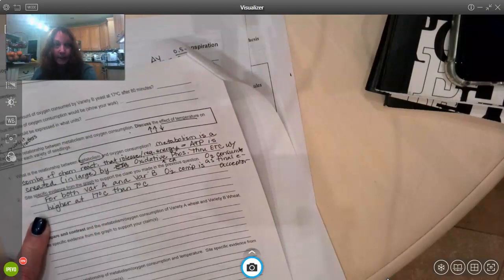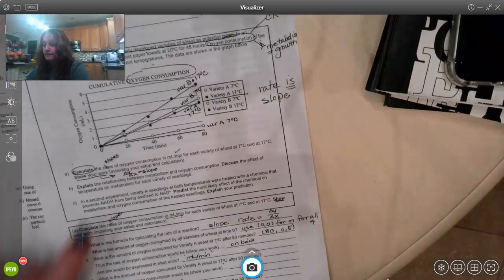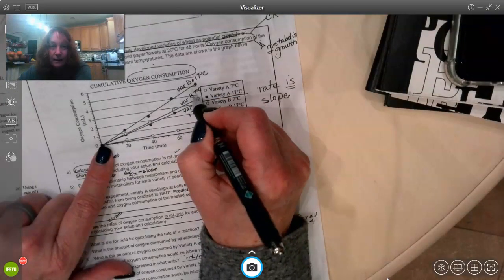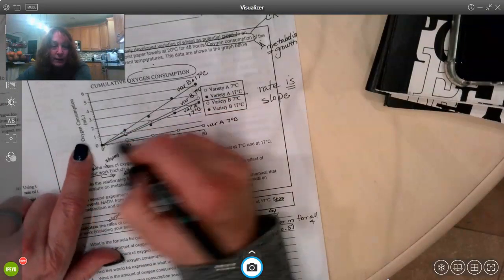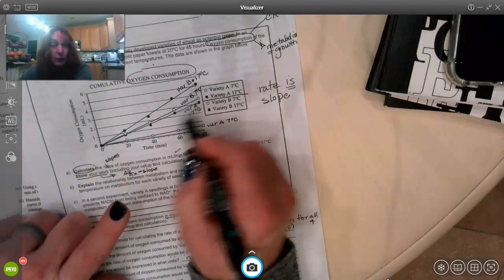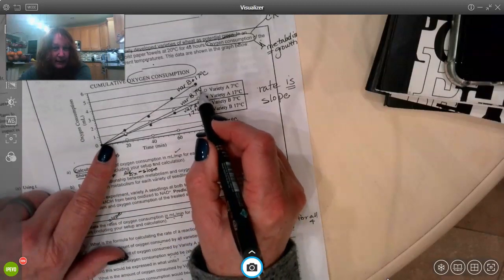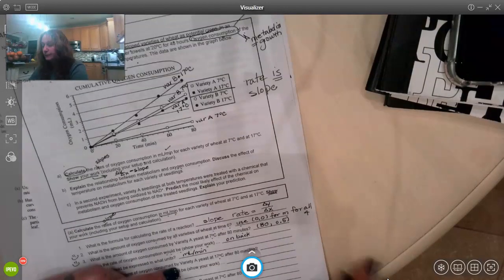Okay, that's one thing I know. The other thing I notice is B has a higher oxygen consumption rate than A, period. Like, it's higher. Even B's 7 degrees is higher than A.